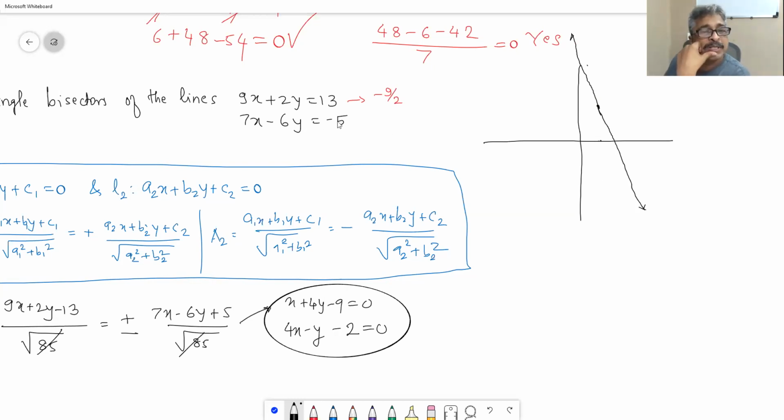What is the slope of this? 7 by 6. It is almost 1, but a little more positive. So it is going to be positive slope, but not 45 degree, maybe a 50 degree line, something like this. This is the actual geometric diagram I am trying to make. This is my L1, this is my L2.